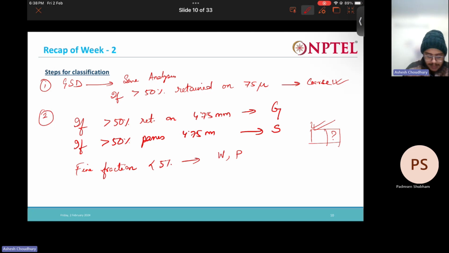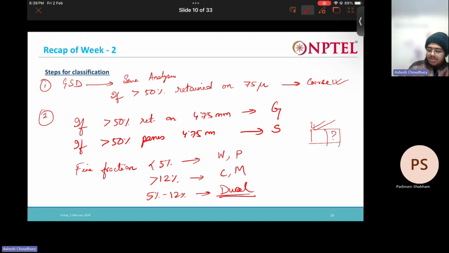If the fine fraction is greater than 12%, then it will be either clay or silt. If the fine fraction is between 5% and 12%, our classification will be dual classification. So just remember this. When we solve the example, this will be clear. Less than 5%, the suffix will be W or P. Greater than 12%, it will be C or M. And 5 to 12%, it will be dual classification.